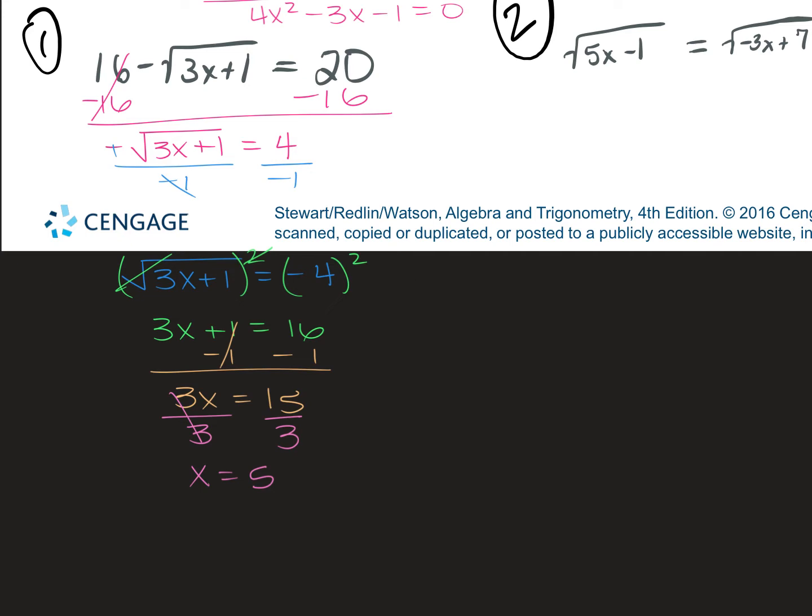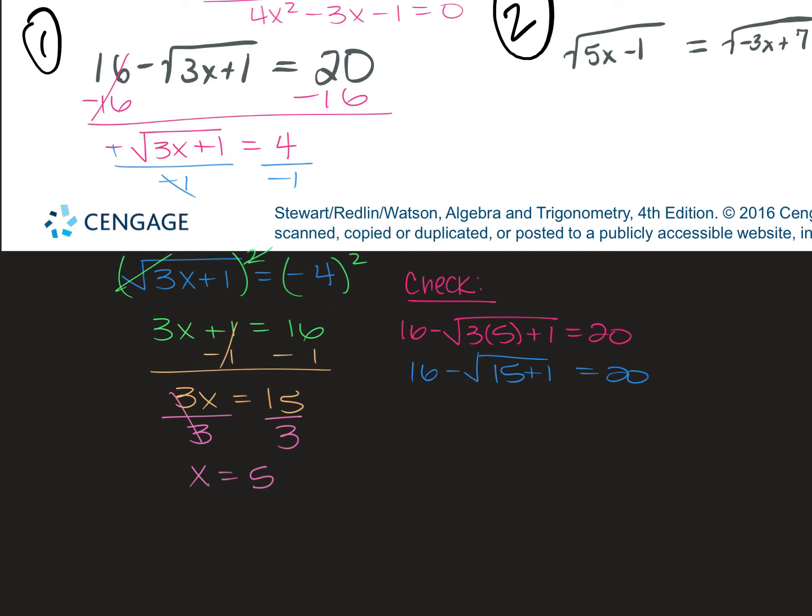If we check this, we're going to have 16 minus the square root of 3 times 5 plus 1 is equal to 20. So that means that 16 minus the square root of 15 plus 1 is equal to 20.